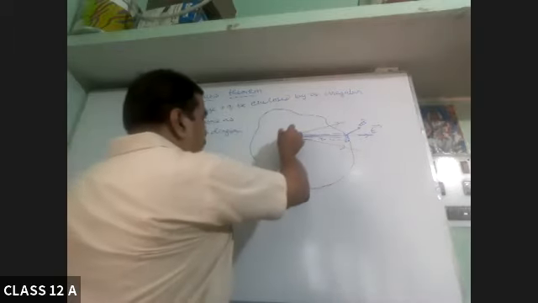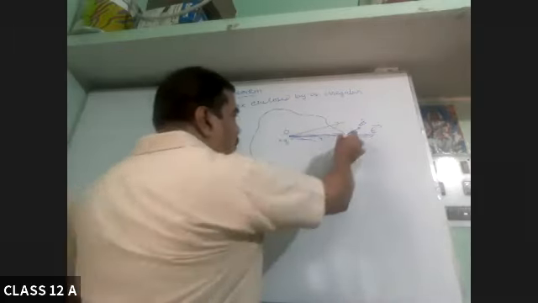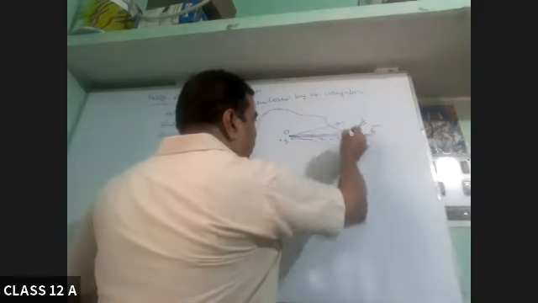Whatever the shape of the surface may be. So the charge is present at O. This point we are considering at P.